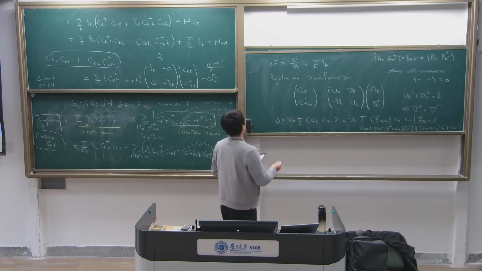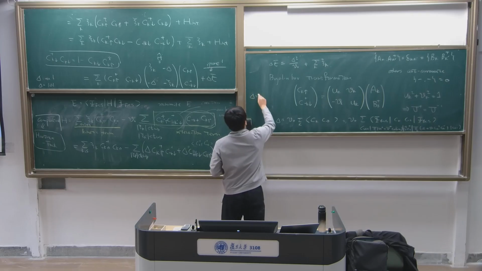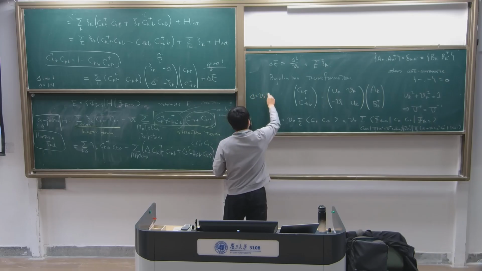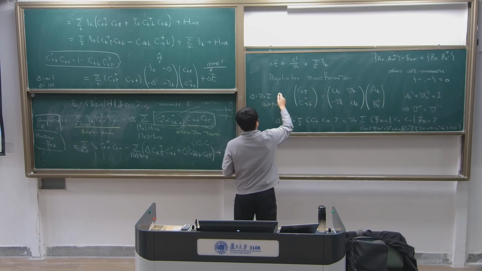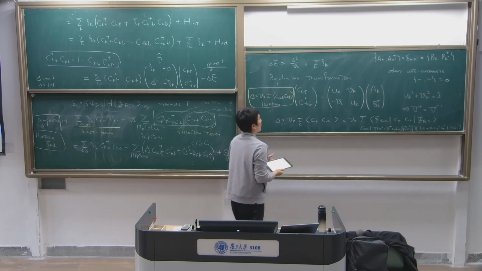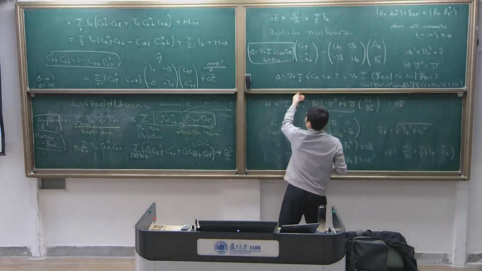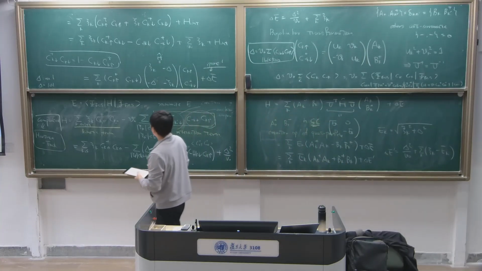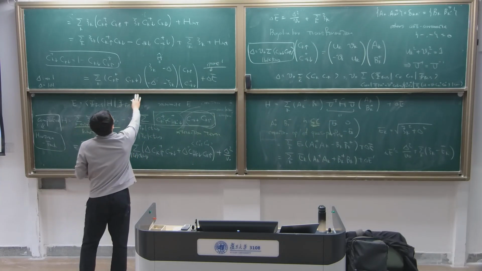Okay, so the Hamiltonian I define is B0 sum over k of CK dagger, C minus K dagger, down, CK up and so on. So that's what I define. And here what I did is mean field theory.